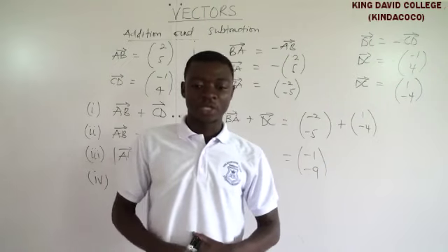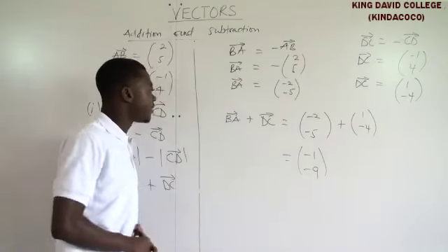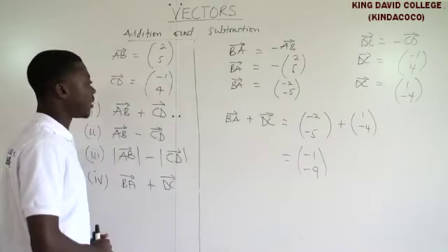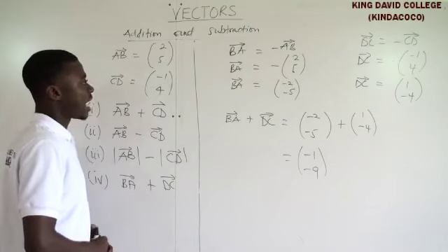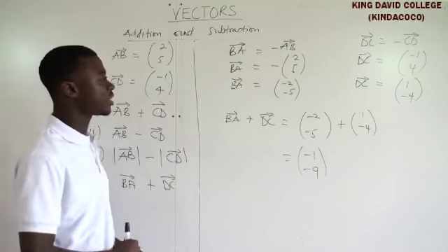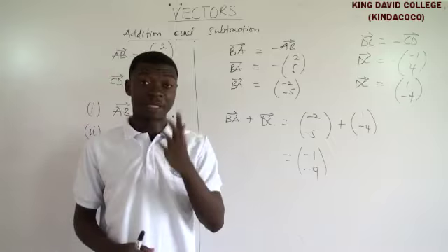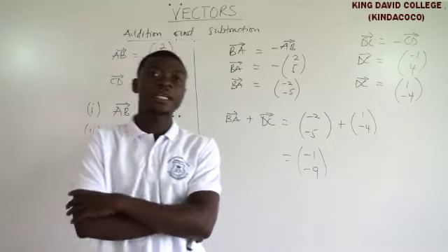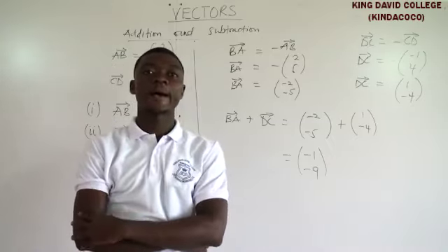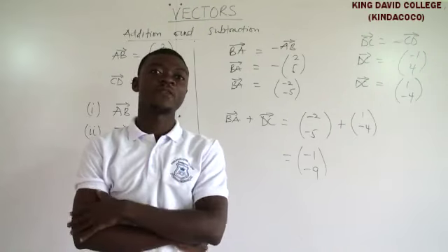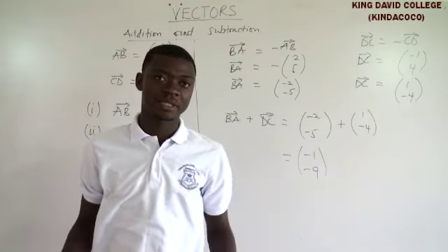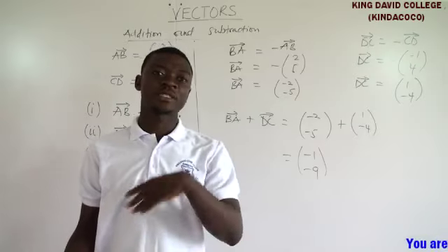Okay, good. So before we conclude our video, I want to bring your attention to something. We actually do what we call multiplication of vectors with what? Scalars. Okay, multiplication of vector with scalar.